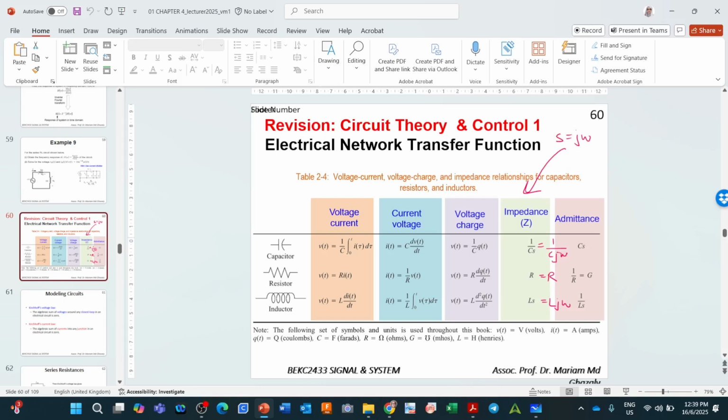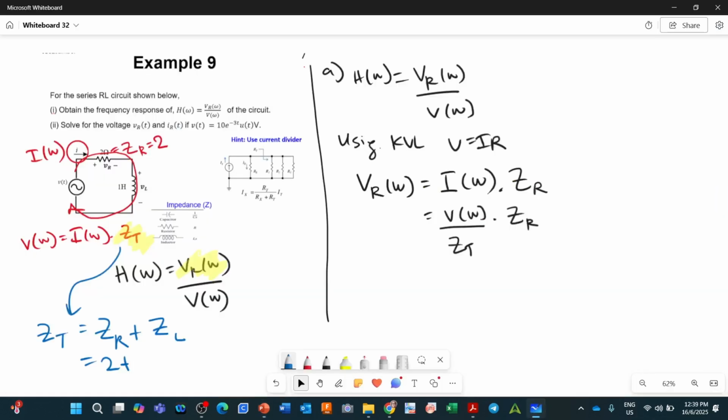What's the value of L? 1. So you have 2 plus J omega. This is ZT. I write Z like that with a label because I'm scared I confuse it with 2; my handwriting for 2 and Z is almost the same.